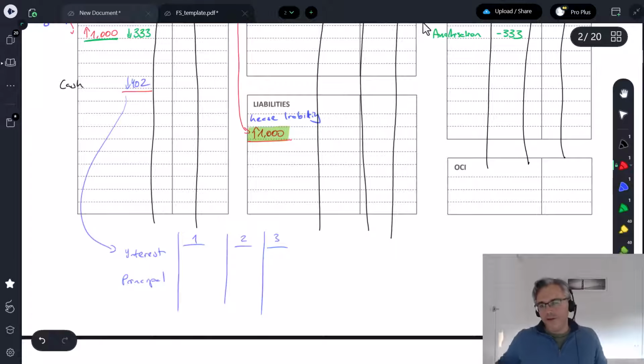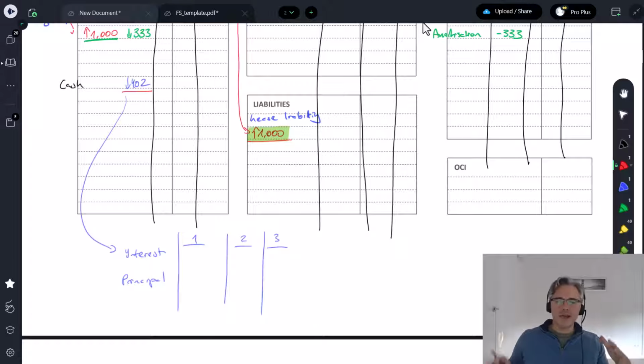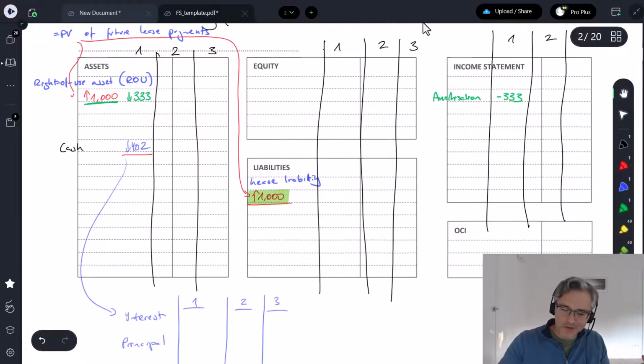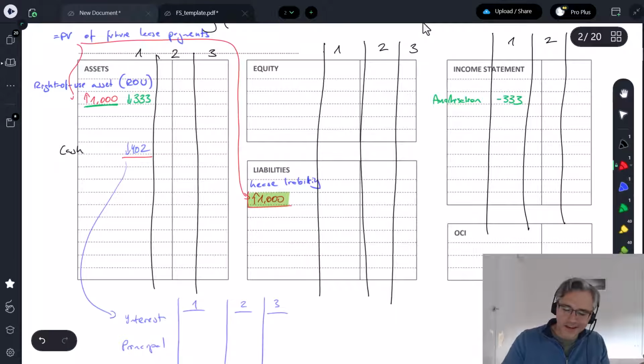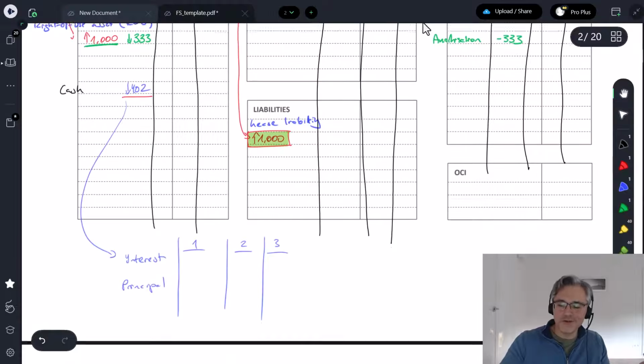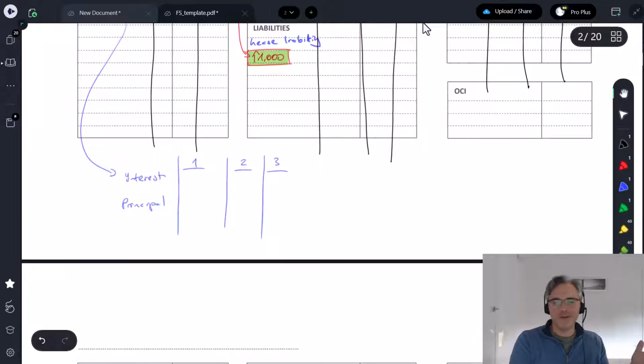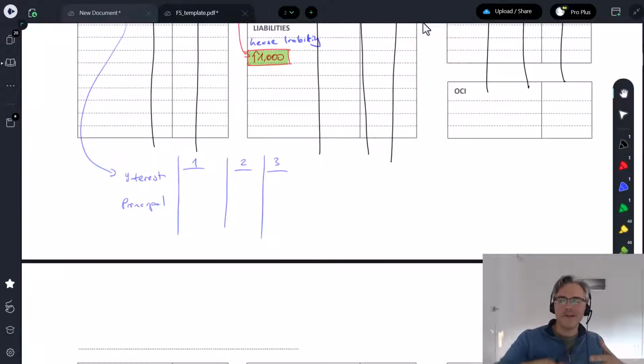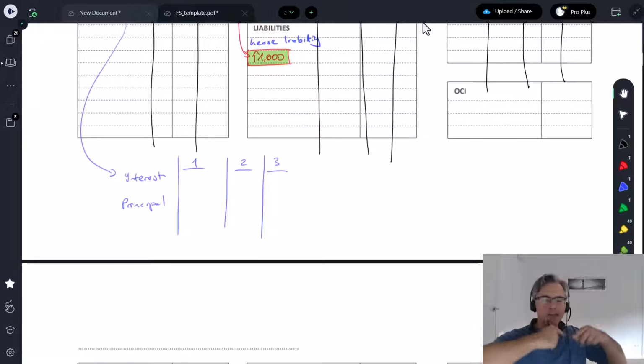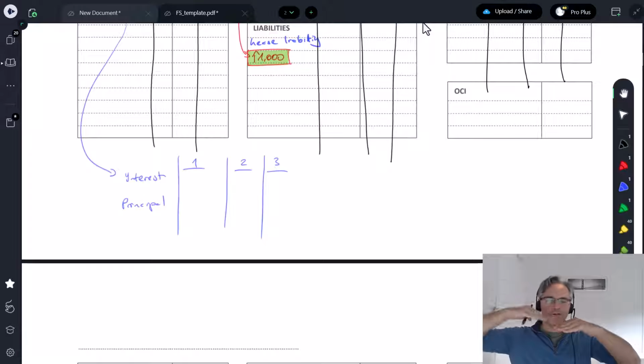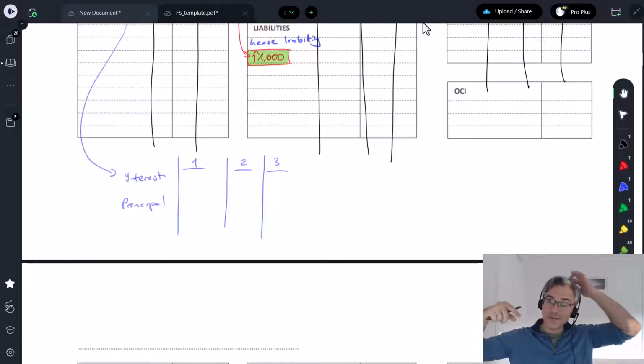Because for the first year, you were using an asset whose value was deemed to be 1,000, and the liability that you introduced to the balance sheet on the other side was 1,000 as well. Imagine what would have happened if interest had grown on that liability at 10% per annum.